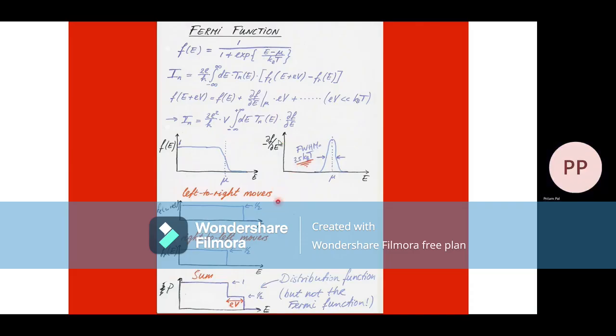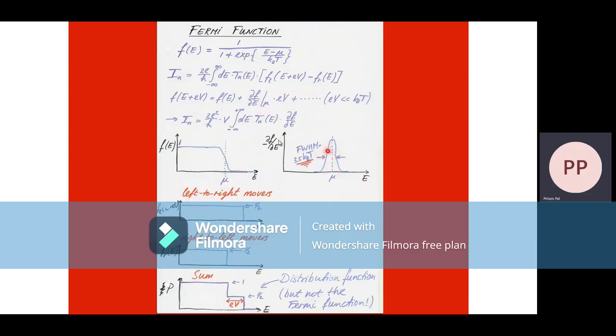You will just see the transition from one plateau to the other because you are broadened by this temperature factor.